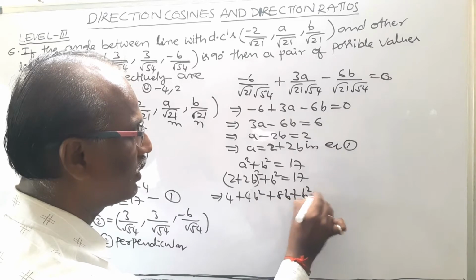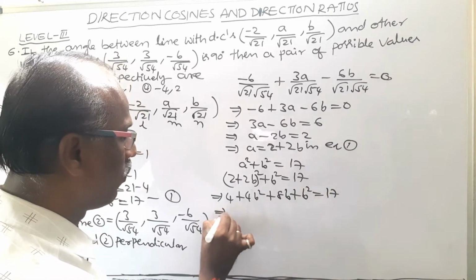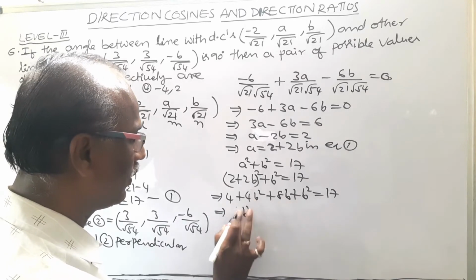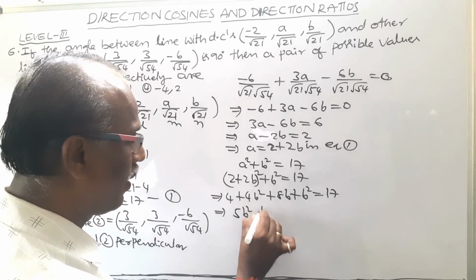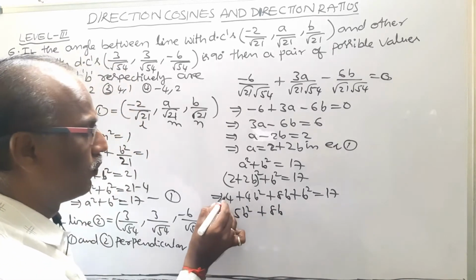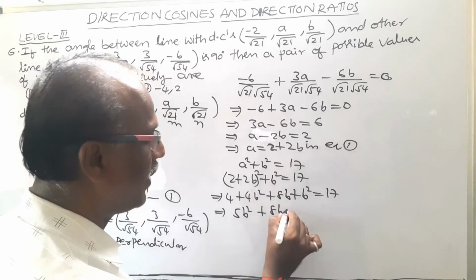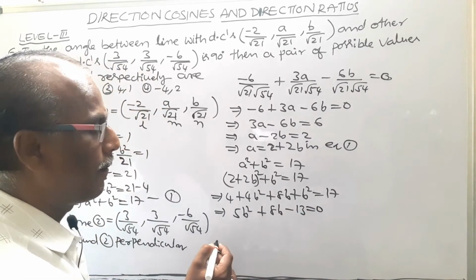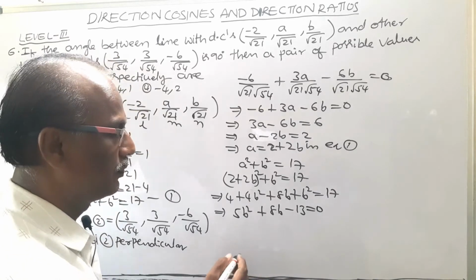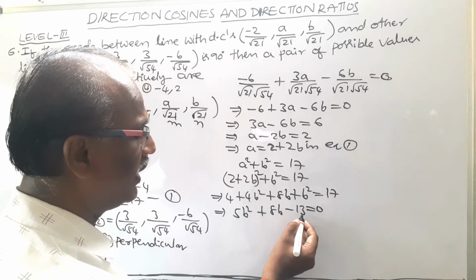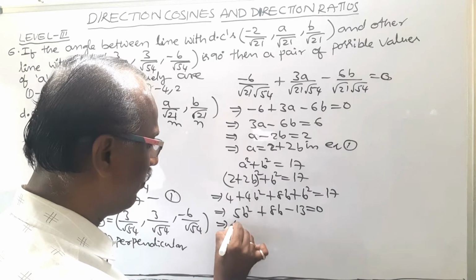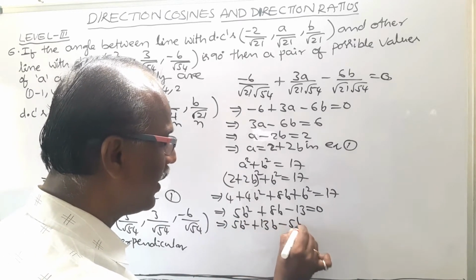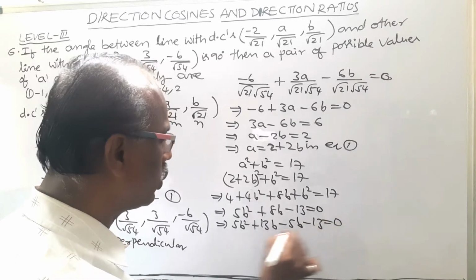Plus B square is equal to 17. 4B square plus B square is 5B square, plus 8B, 4 minus 17 is minus 13. So 5B square plus 8B minus 13 equal to 0. 5 into minus 13 is minus 65; the factors of minus 65 that add to 8 are 13 and minus 5. So 5B square plus 13B minus 5B minus 13 equal to 0.